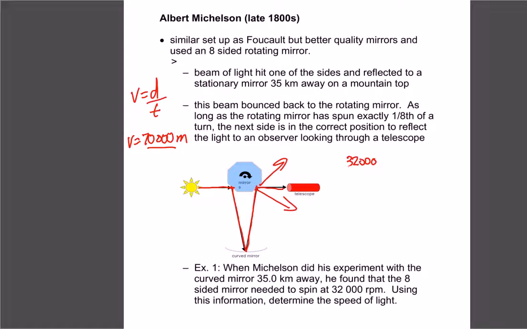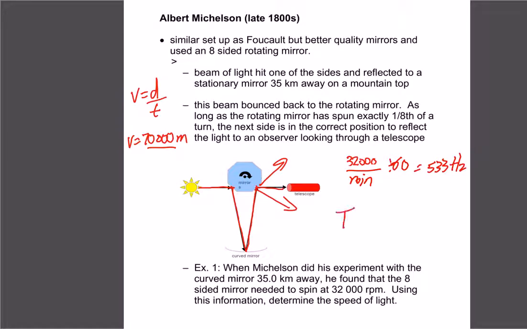So 3,200 is how many turns in a minute. So if we divide that by 60, that'll actually give us per second. So 3,200 divided by 60 gives us 533 hertz, or per second.